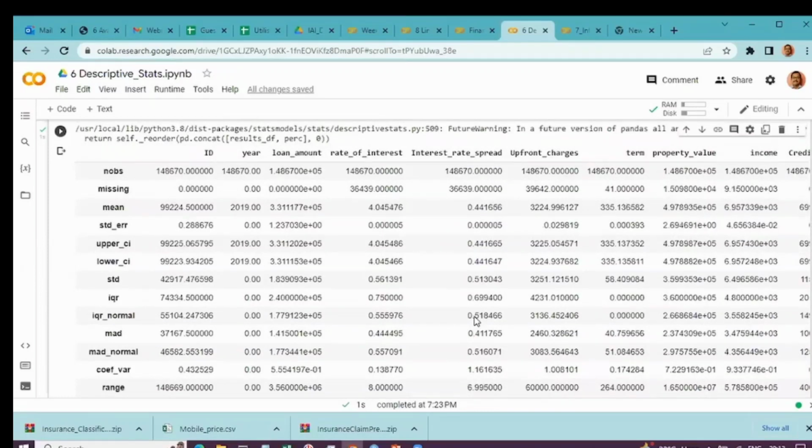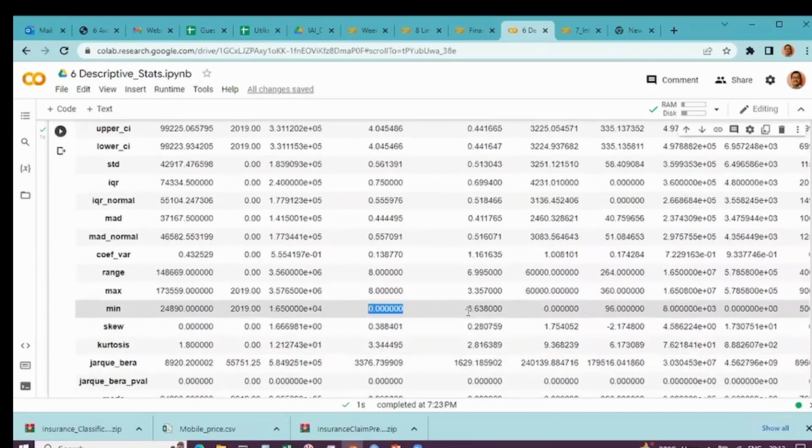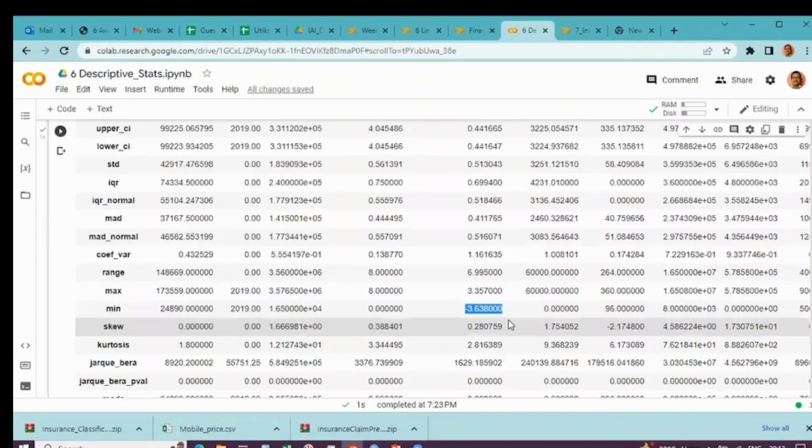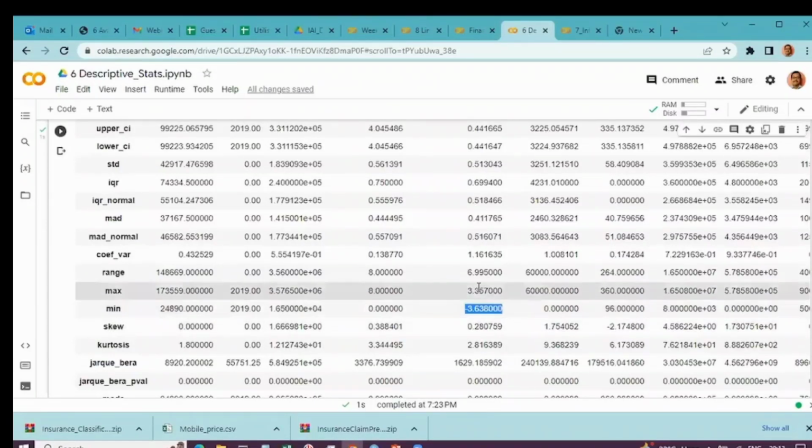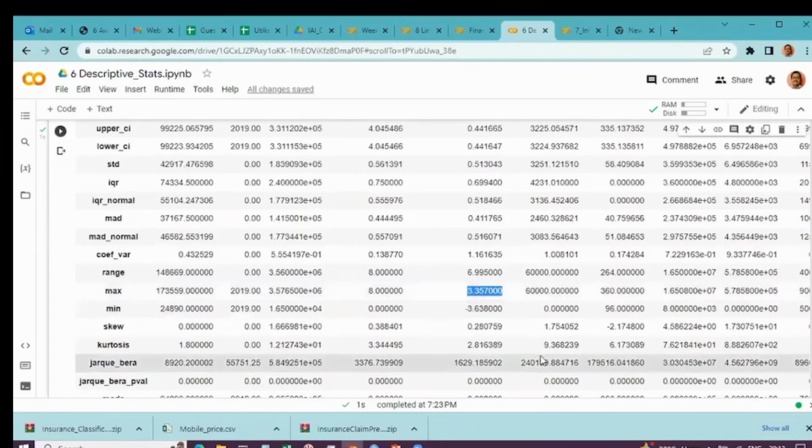Interest rate spread, it looks like from minus 3.63. So in some cases the customers are charged lesser than the risk-free rate. Might be possible because of some priority given to some customers. Maximum spread is around 3.357. That should be fine.